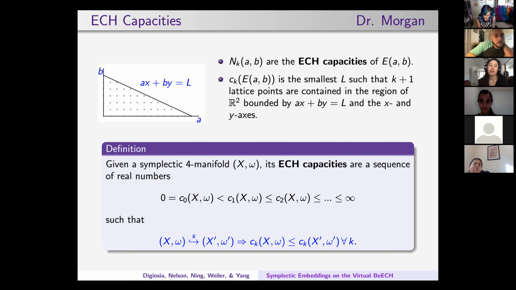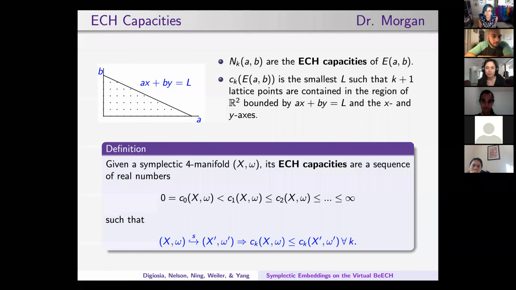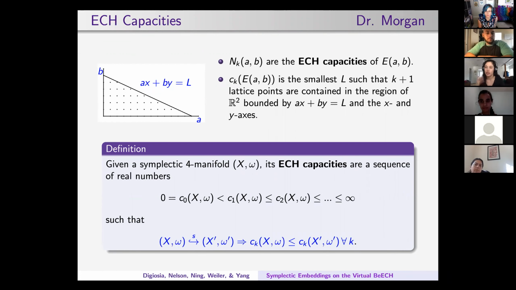The terms c_2, c_3, et cetera, are also symplectic capacities, but they don't satisfy the weak normalization that Leo discussed. So they're almost symplectic capacities. The point is, these are a more refined way of looking at obstructions to symplectic embeddings than just a single symplectic capacity.